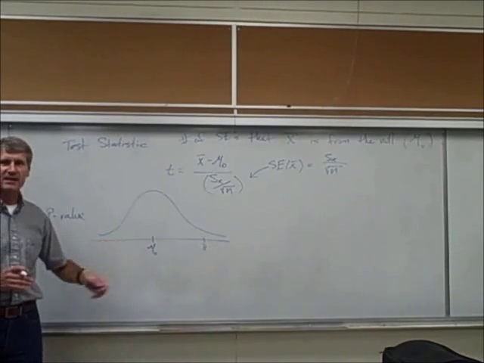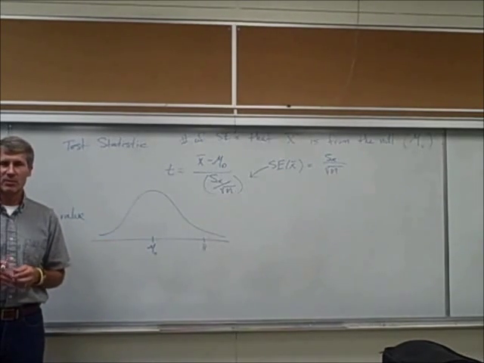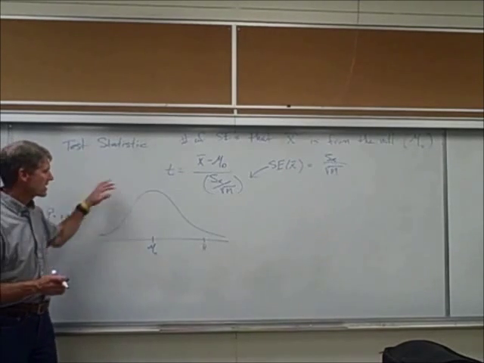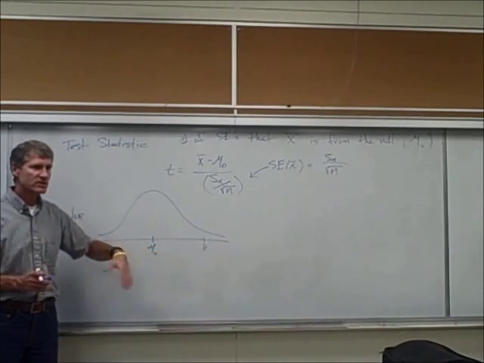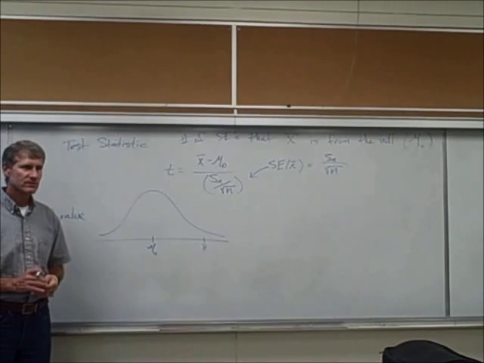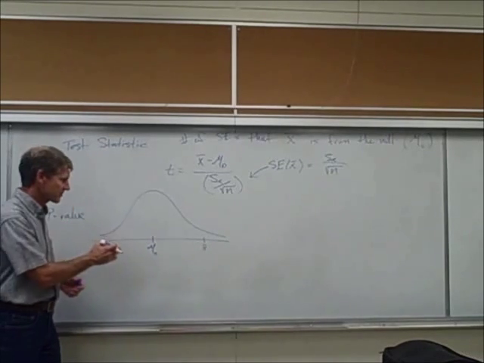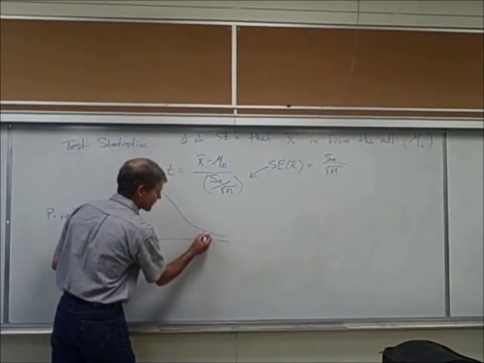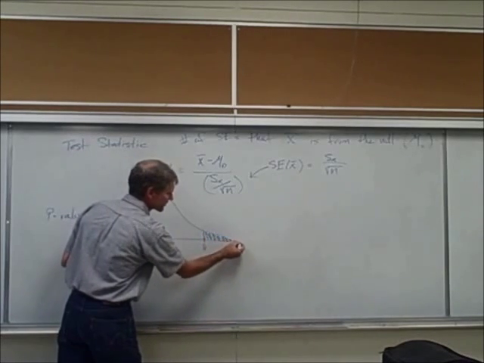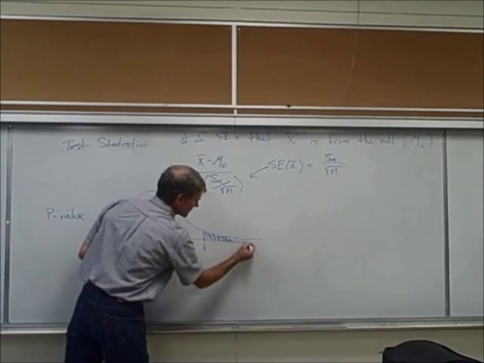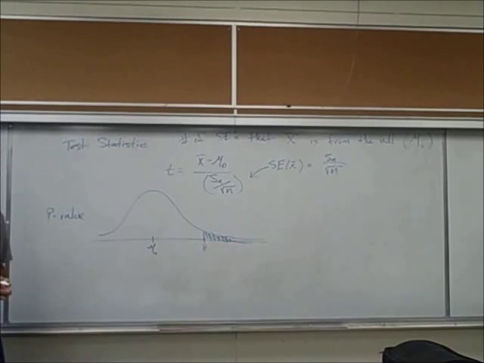Where do I shade to get the p-value? Remember, p-value is a probability, and area under distributions gives you probabilities. Your observation, x bar, or further from the null hypothesis. So there's my p-value.